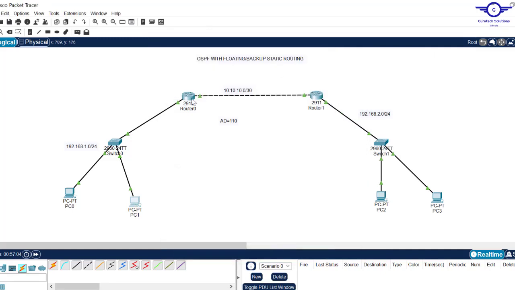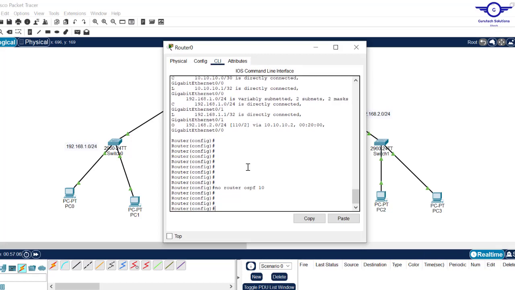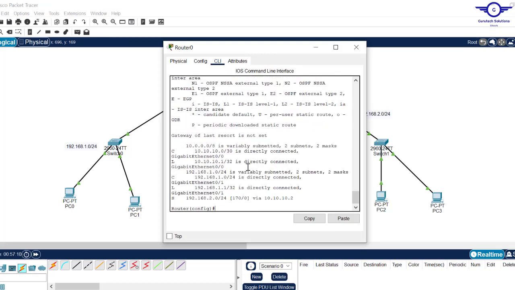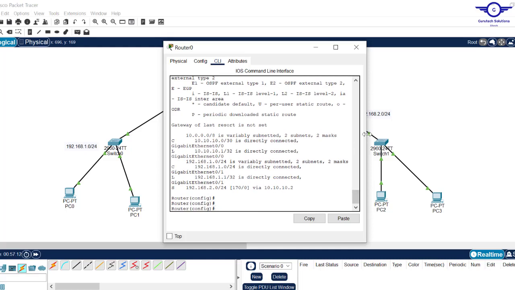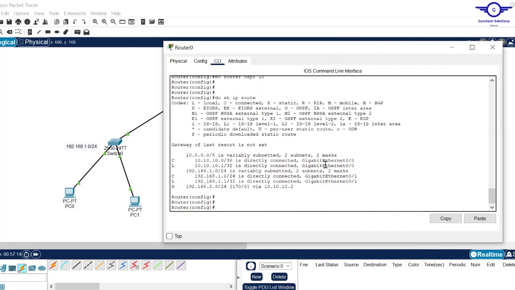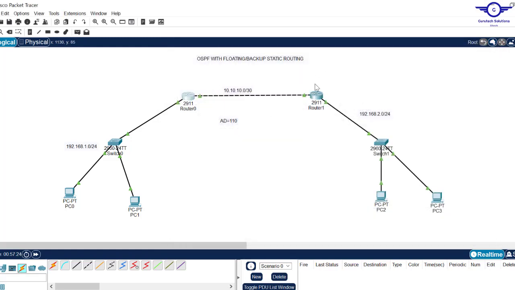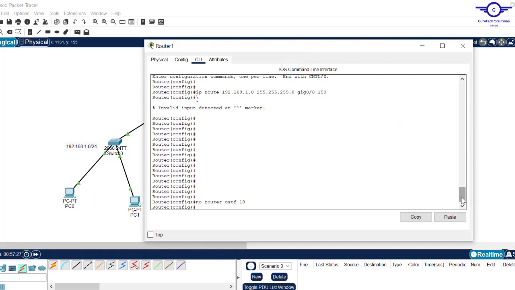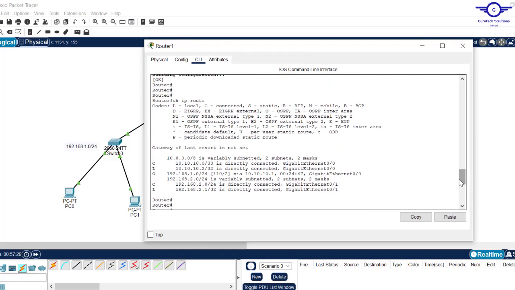Before that, do show IP route. You can now see OSPF is not there. We only have the static route, labeled by S, with the administrative distance that we configured as 170. And if I go on this router again, remember the first time we did it, OSPF was here.